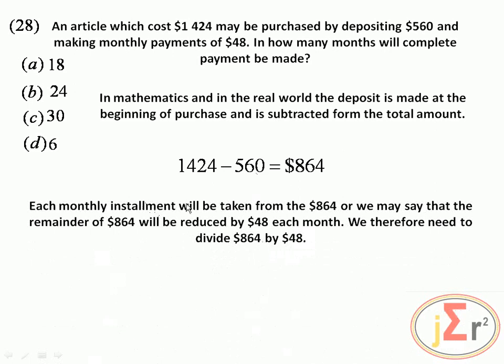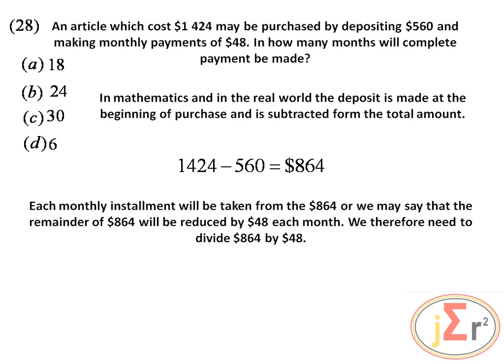So 1,424 minus 560, and we have 864. Each monthly installment will be taken from the 864 that we have left after making the deposit. Or we may say that the remainder of 864 will be reduced by $48 each time.